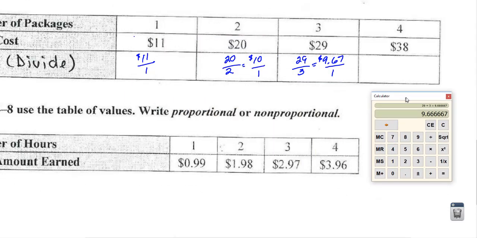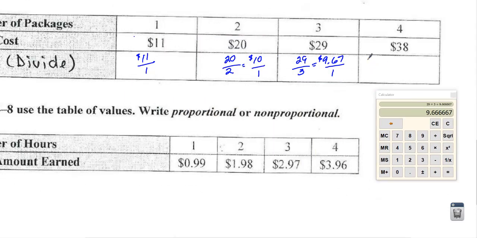And finally, for 4 packages, I'm going to pay $38 for 4 packages. I'm going to just put my dollar signs on. It just cleans up my work if I keep that idea of keeping my dollars. What's it going to be for 1? Well, it's going to be 38 divided by 4, and that's going to be $9.50. So each time you add more packages, it gets a little bit cheaper. They give you a break because they're making more overall money, $38 for 4, so they don't need to make as much for each package.